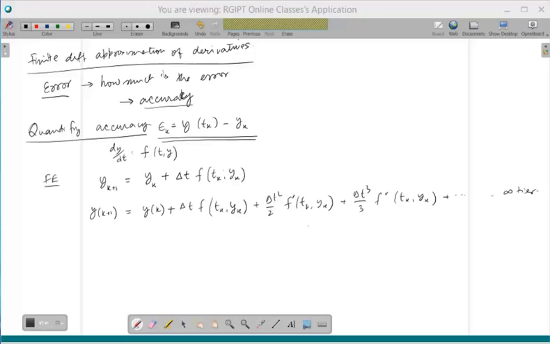This is nothing but Taylor's expansion. Taylor expansion is accurate as long as we include all the infinite terms. So this is my exact value.